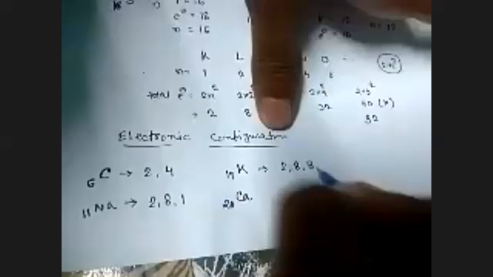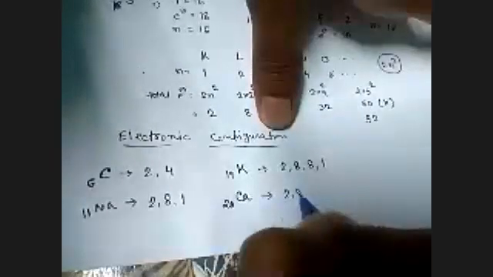I'm just stating one more example, that is potassium and calcium. So what is the atomic number there? 19 for potassium, so 2, 8, 8, 1, and 2, 8, 8, 2 for calcium. Look here, it could be 2, 8, 9 because the third shell can hold 18 electrons and we have only 9 electrons.